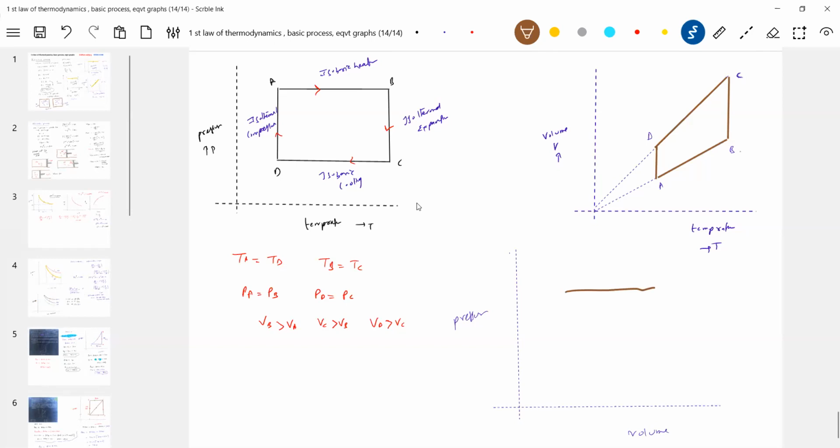Then afterwards, isothermal expansion. Then isobaric cooling: pressure constant, volume decreases. Then isothermal. I'll give a better graph. A straight line will take it here. Rectangular hyperbola.